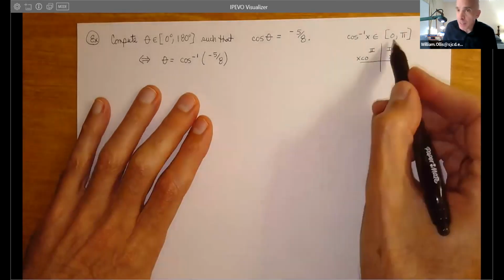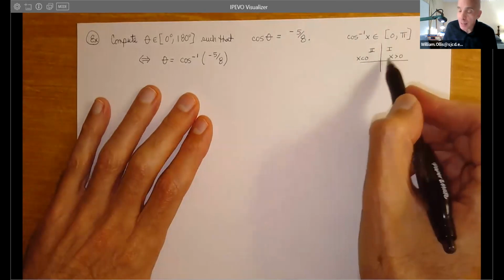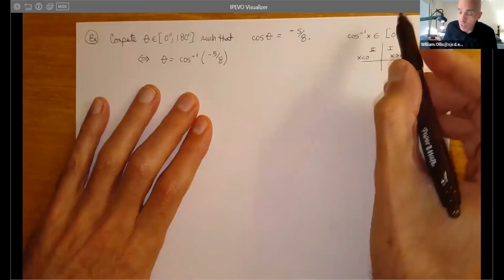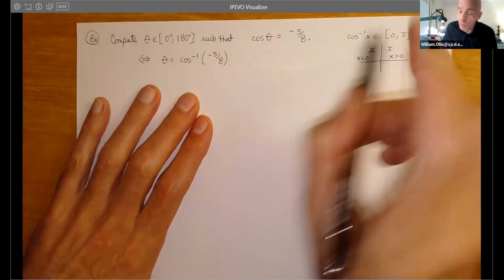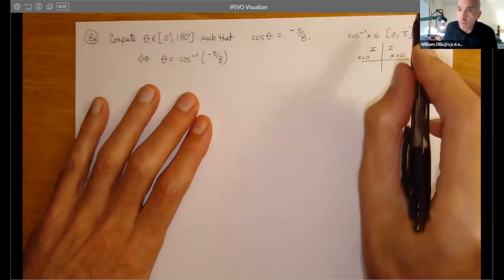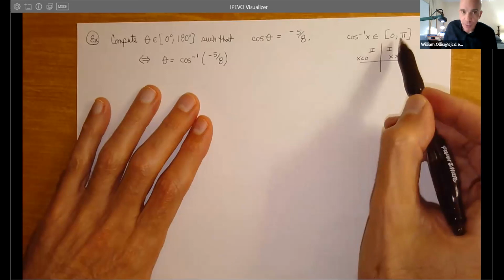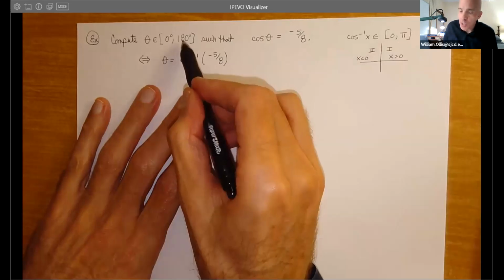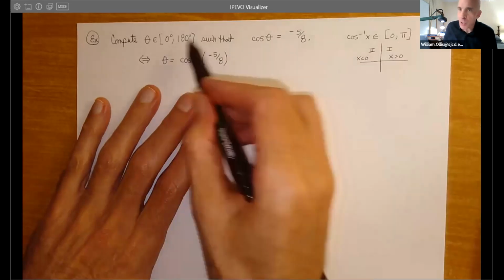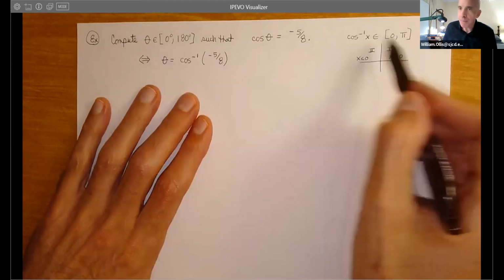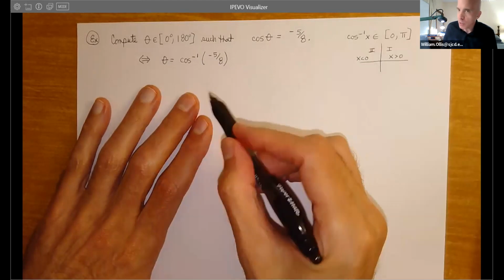Again, because of the definition of the inverse cosine, it's a one-to-one function. And so when we look at this, there is only going to be one value in this equation, one output. Now, again, when we look at this and we look at this, they coincide. So we don't even have to worry about doing any additional analysis because these two sets are the same. So we only expect one solution here.